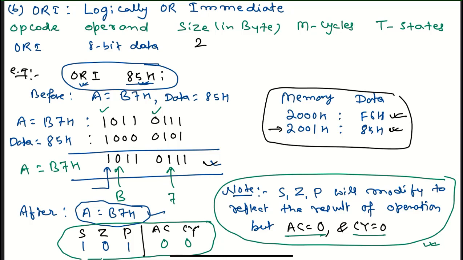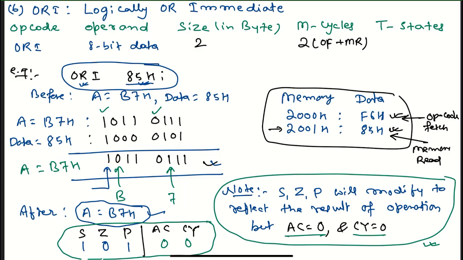And as a machine cycle, what will it take? The first one is called the opcode fetch, and the second one is called the memory read. So this instruction will take two machine cycles: the first is opcode fetch and the second is memory read. By that way it is going to complete this.